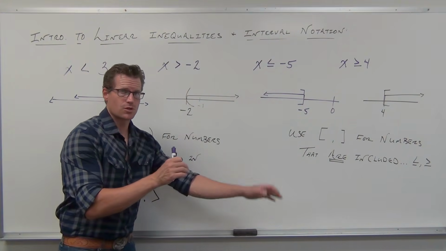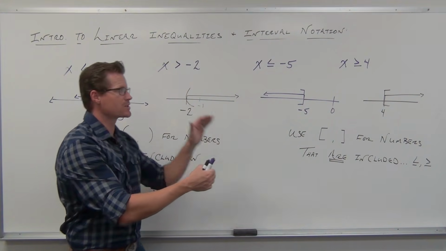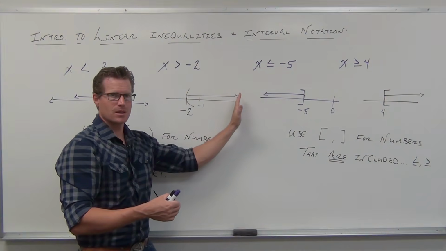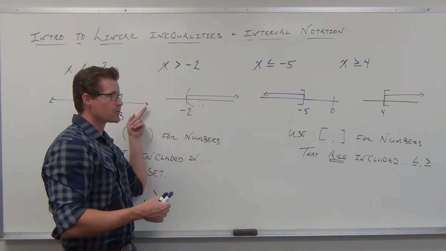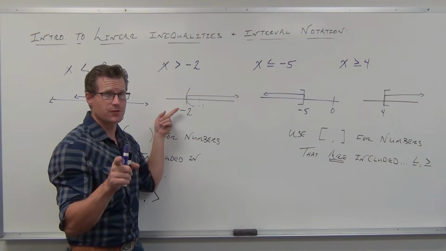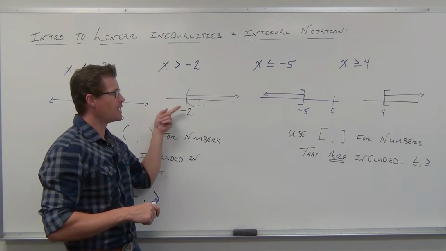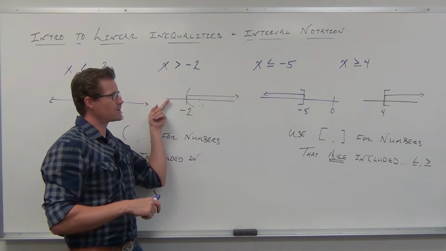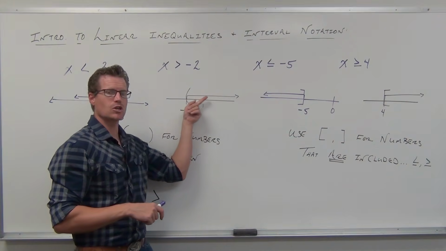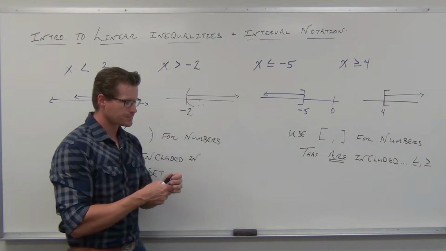So how we do interval notation is you look at your shaded segment, and you start where the interval starts, from left to right. That's big for the next thing I'm going to show you, so don't ignore that. You start from the left, where your interval starts, and keep going until your interval stops.